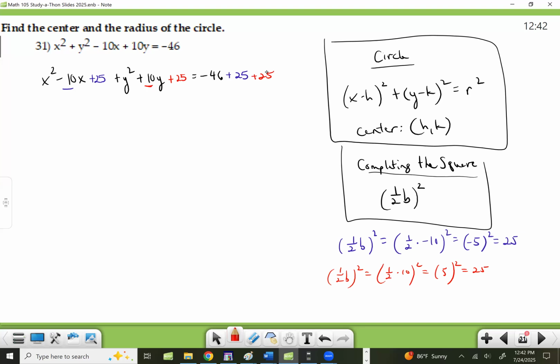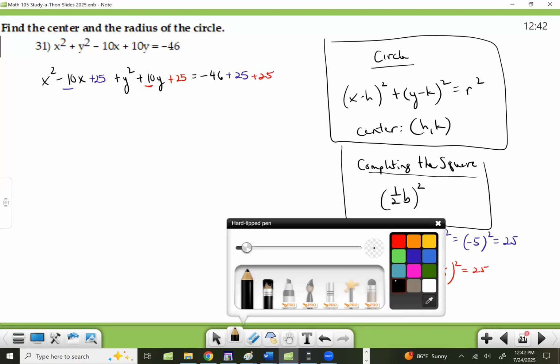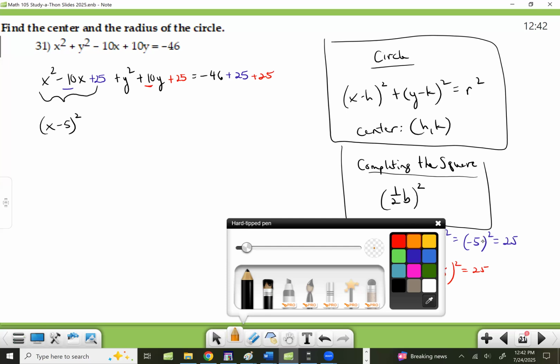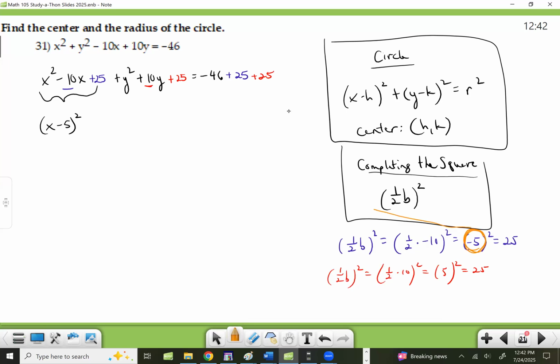All right. So these are actually pretty simple to factor. You're going to take this entire trinomial and write it as (x minus 5) squared. You're basically just taking the number right before you squared it and inserting it right there.